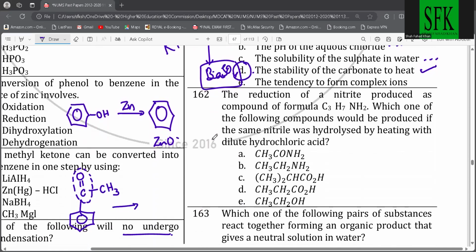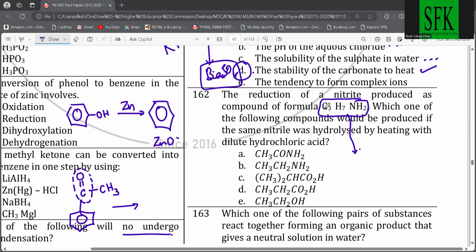Okay. The reduction of nitrile produced a compound with this formula. Which one of the following compounds will be produced when the same nitrile is hydrolyzed by heating with hydrochloric acid? So if you hydrolyze a nitrile, hydrolyzing a nitrile is going to result in the formation of a carboxylic acid of the same compound.